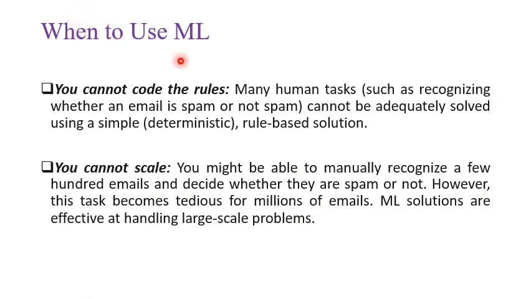Okay, when to use machine learning? Overall, in two main situations, we should use machine learning. The first one is that we cannot code the rules. Many human tasks, such as recognizing whether an email is spam or not spam, cannot be adequately solved using a simple deterministic and rule-based solution.